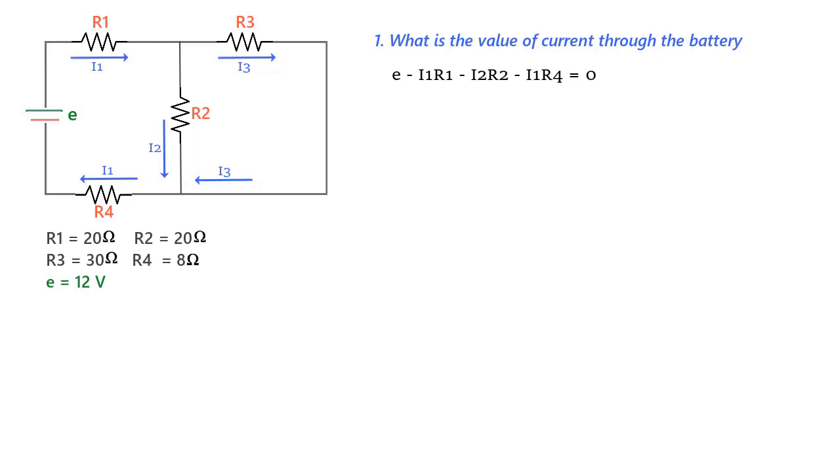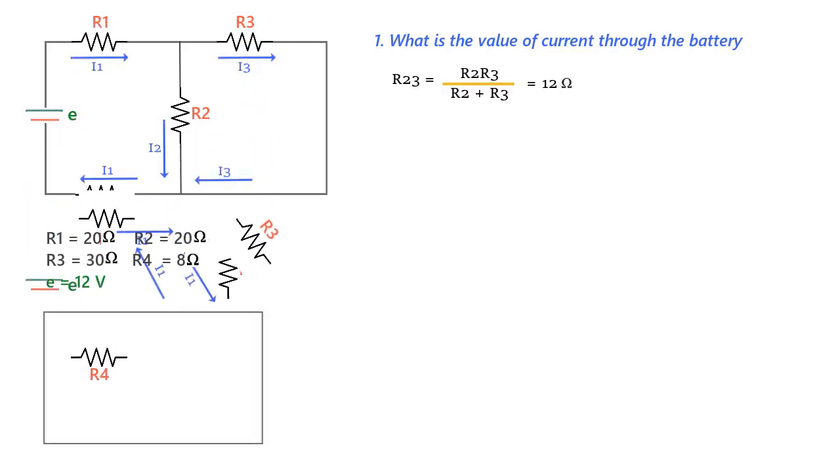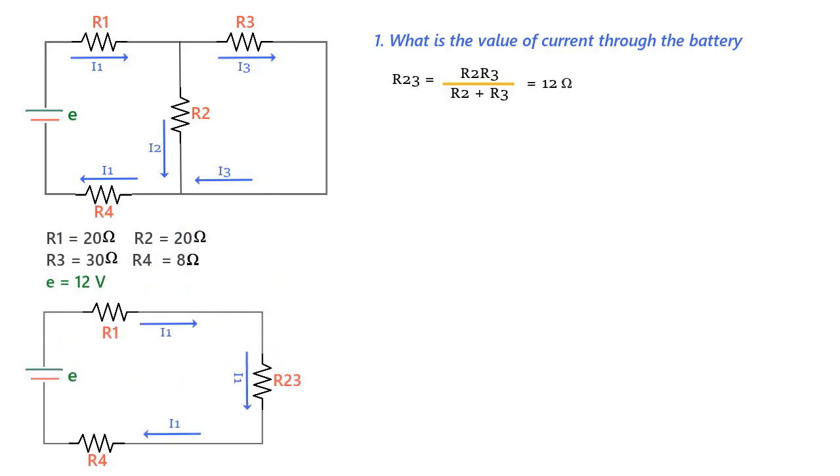So you can see that resistor R2 and R3 are in parallel, and we should find an equivalent resistance and replace them to simplify the circuit. So R23, or the equivalent resistance, is equal to R2 R3 upon R2 plus R3, that equals 12 ohms. So the circuit with equivalent resistance will now look like this, and we can see that current I1 that we labeled here will also flow through R23, since the two are now in series.